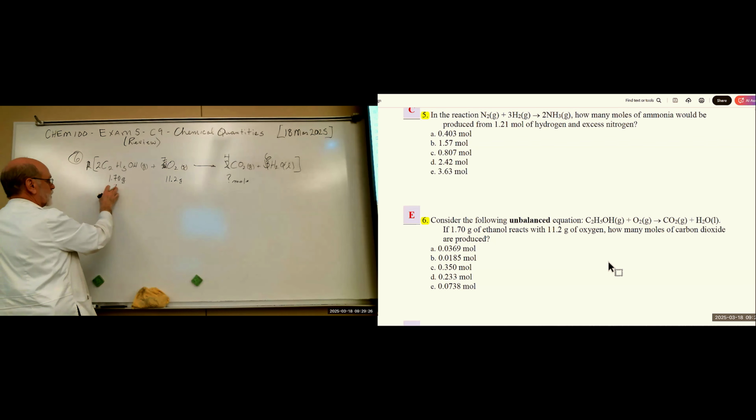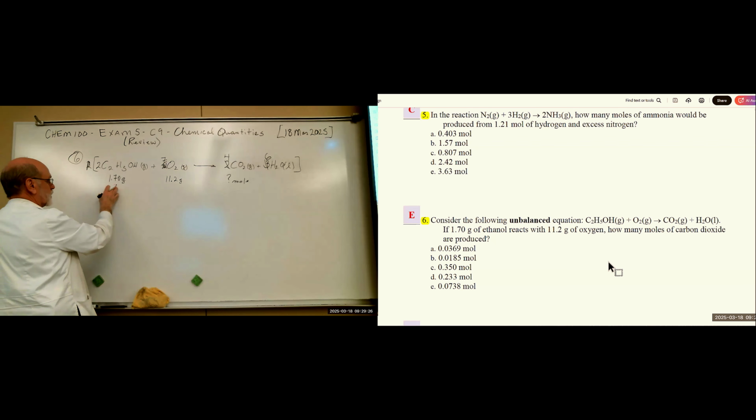Okay, so we need the molar mass of ethanol. It's not given to us, so we have to calculate it. For carbon, that would be 2 times 12.01. And for hydrogen, it would be 6 times 1.01, and then 1 oxygen. Okay, so let's add those up. 12.01 times 6.06 plus 16.